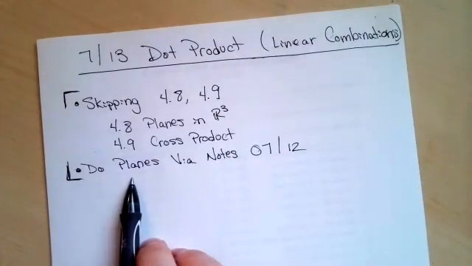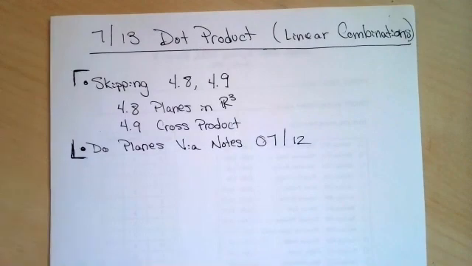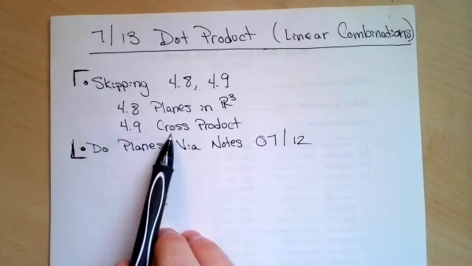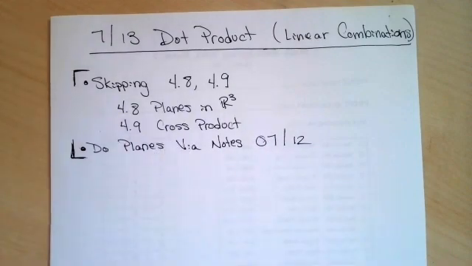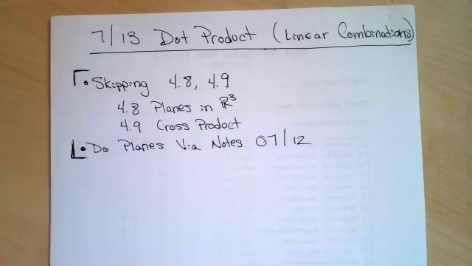Whereas the way we did it yesterday, planes via our notes, we can generalize to 4 or 5 dimensions, however many. And to really generalize the cross product, you have to get into higher geometry, which is years away from this course. So the cross product only has applications in R3, and it's not terribly important for the bigger picture of linear algebra.